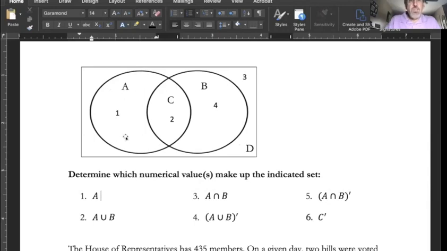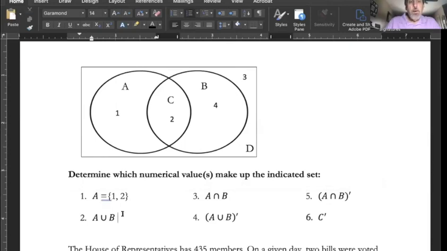So if I were to ask you what numerical values represent set A, you would tell me that the number 1 is in set A, but the number 2 is also part of set A because A is this entire circle. I hope that makes sense. Okay, and where did my 2 go? Hang on a second. There it is. Okay, so set A is the numbers 1 and 2.